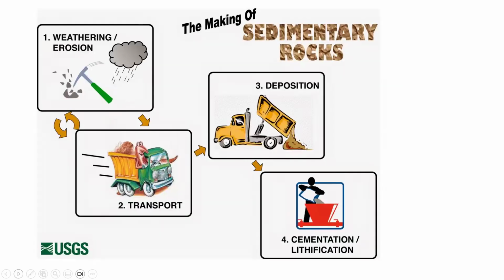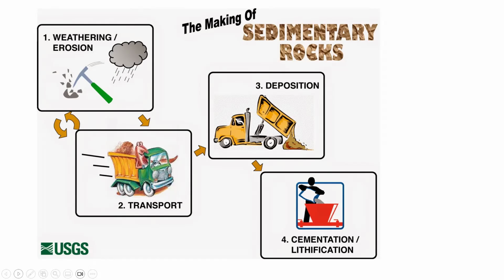So this is just to make you visualize basically what's happening during the formation of sedimentary rocks. So for example, you can see over here that the first thing is we must have a pre-existing rock. That pre-existing rock must undergo weathering. Different types of weathering. We're talking physical weathering, chemical weathering, and biological weathering.